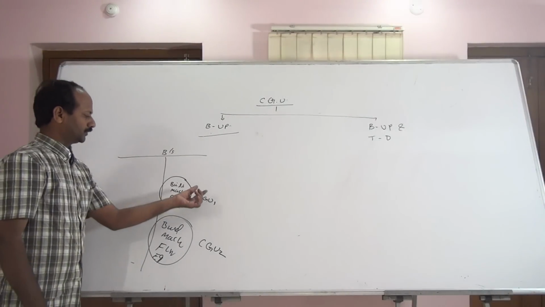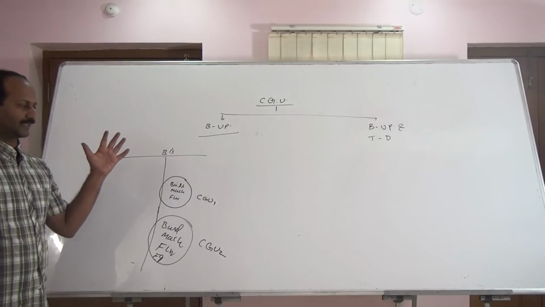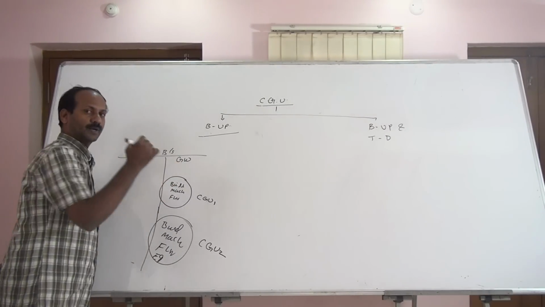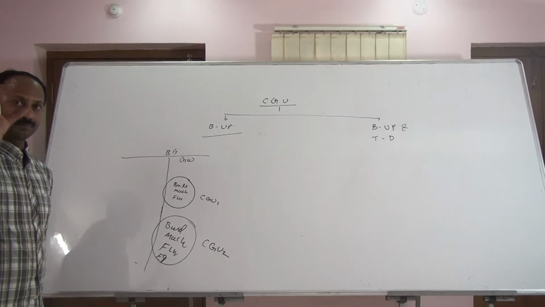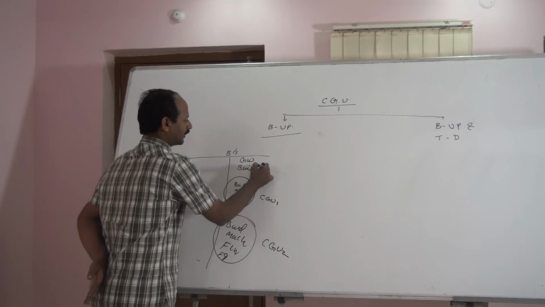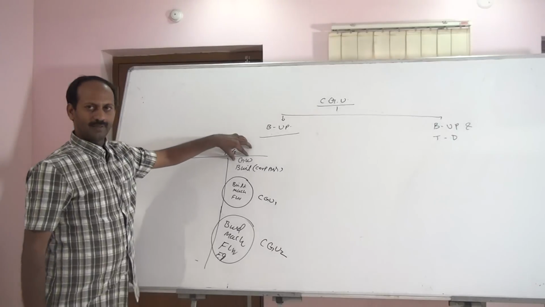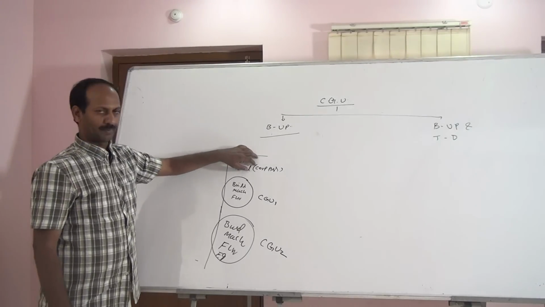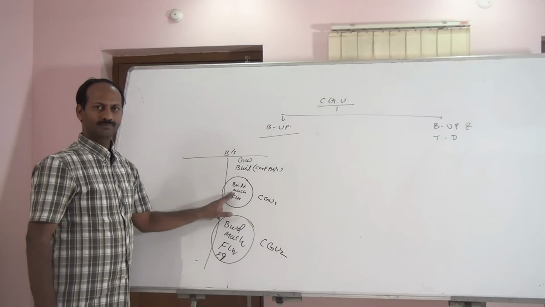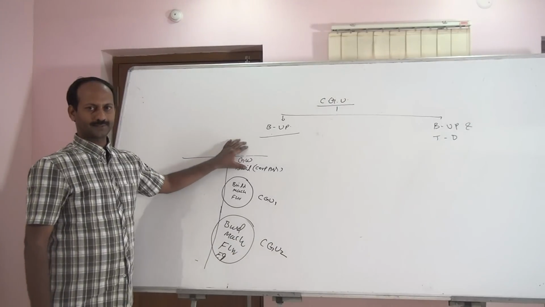Apart from CGU1 and CGU2, we have some common assets, for example goodwill and the corporate office building, the general administrative building. This is called a corporate asset. Goodwill and this corporate building are for general use, not only for CGU1 but also for CGU2. These are the common assets.